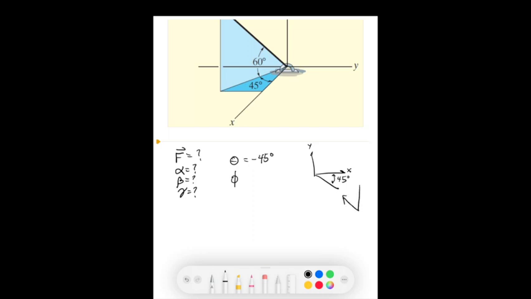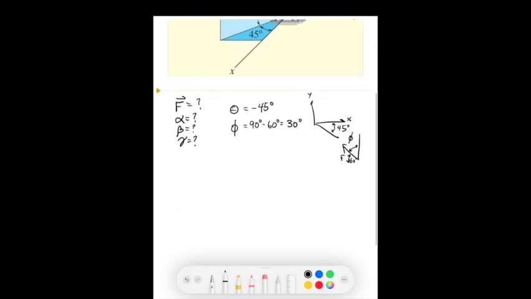So we see here that the force F here is 60 degrees. So we know that this is phi. So we know that phi is equal to 90 degrees minus the 60 degrees that we're told, or 30 degrees. So we can use our equation.